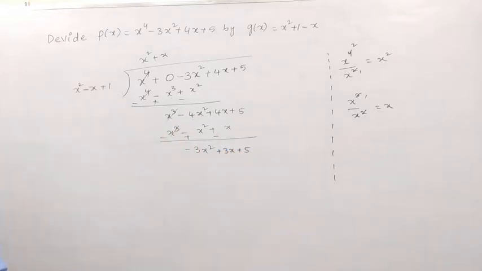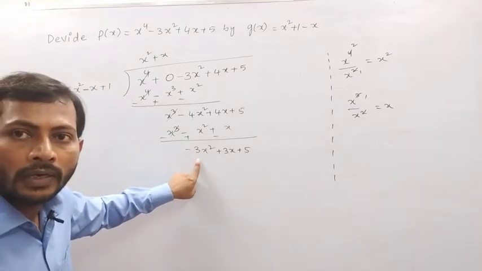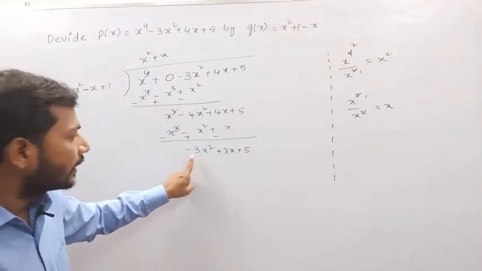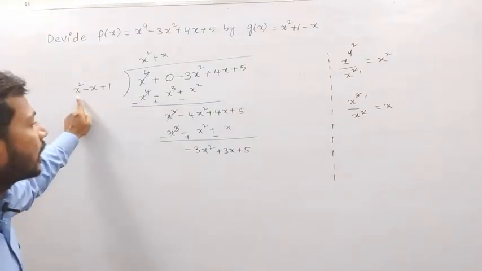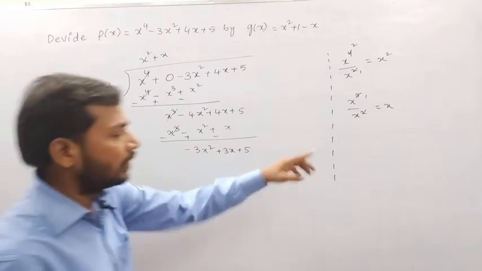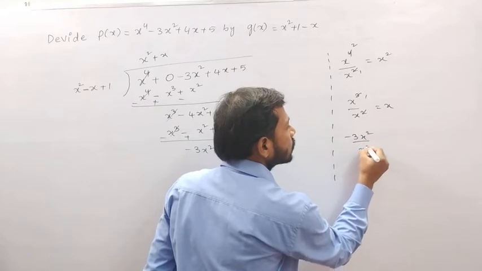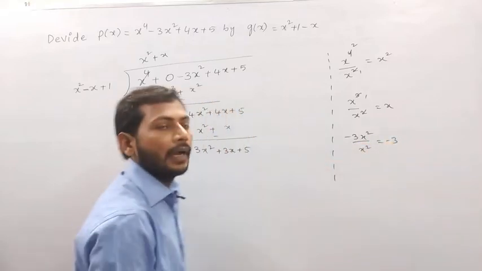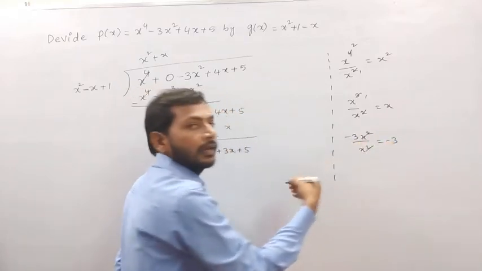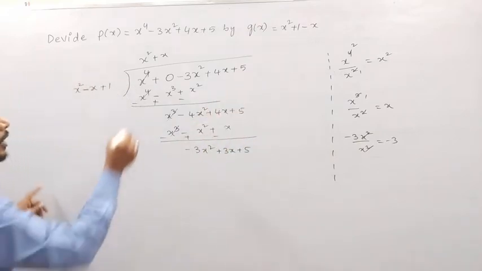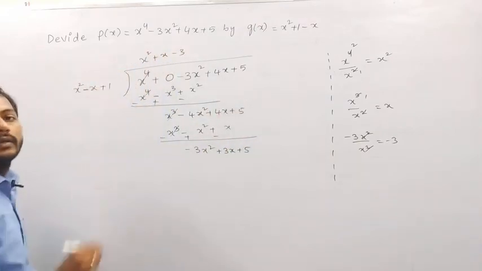Clear? And next, which term do you require now? Minus 3x square. Which term do you have? X square. Same thing: minus 3x square by x square. What answer did you get? Minus 3. X square is cancelled. Then I am writing here minus 3.